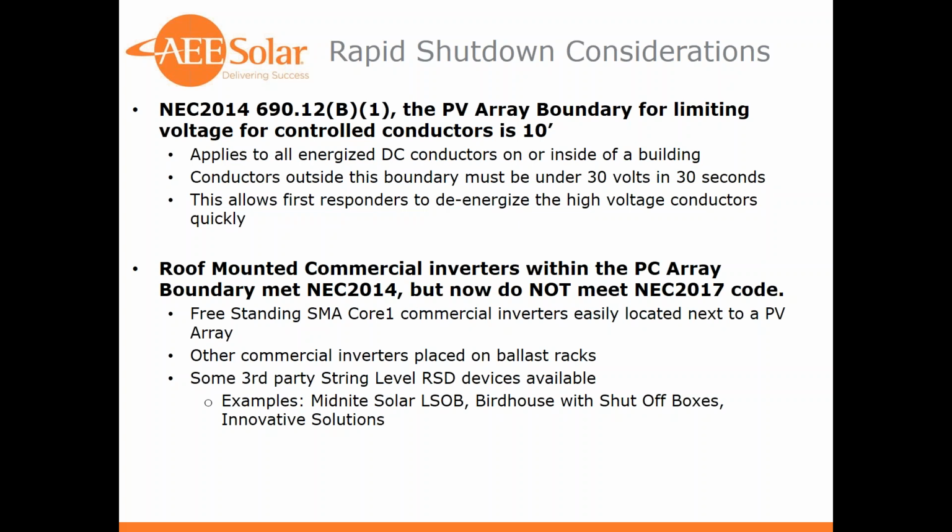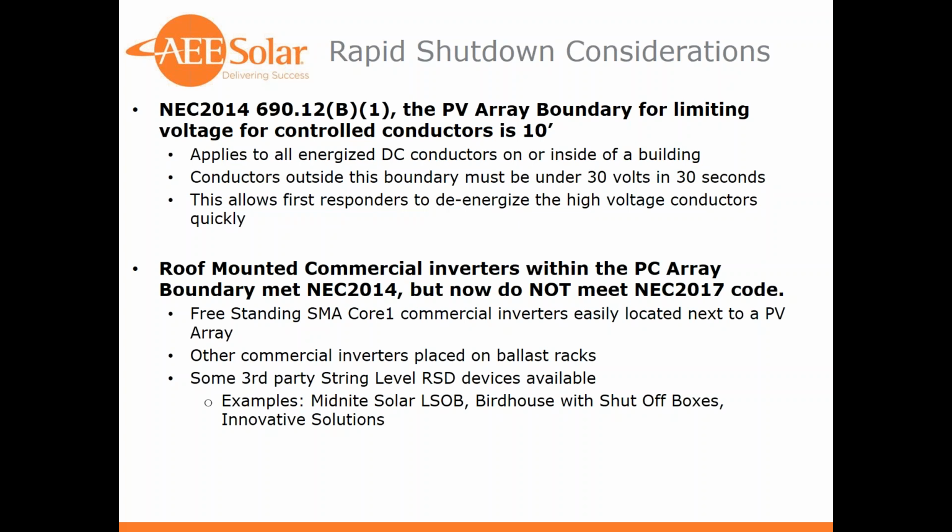So roof-mounted commercial inverters within the array met that, however, they're not going to meet the updated NEC 2017 code, which requires module level rapid shutdown, or basically the array voltage within the PV array to be under 80 volts. So the freestanding or ballast mounted central inverters don't meet that anymore, and we need a different solution.